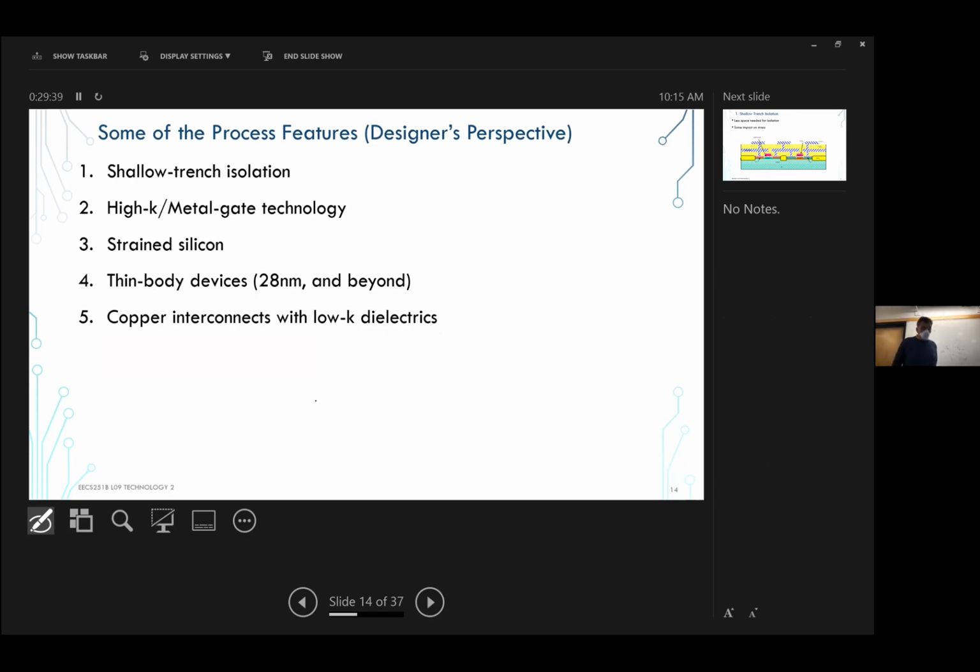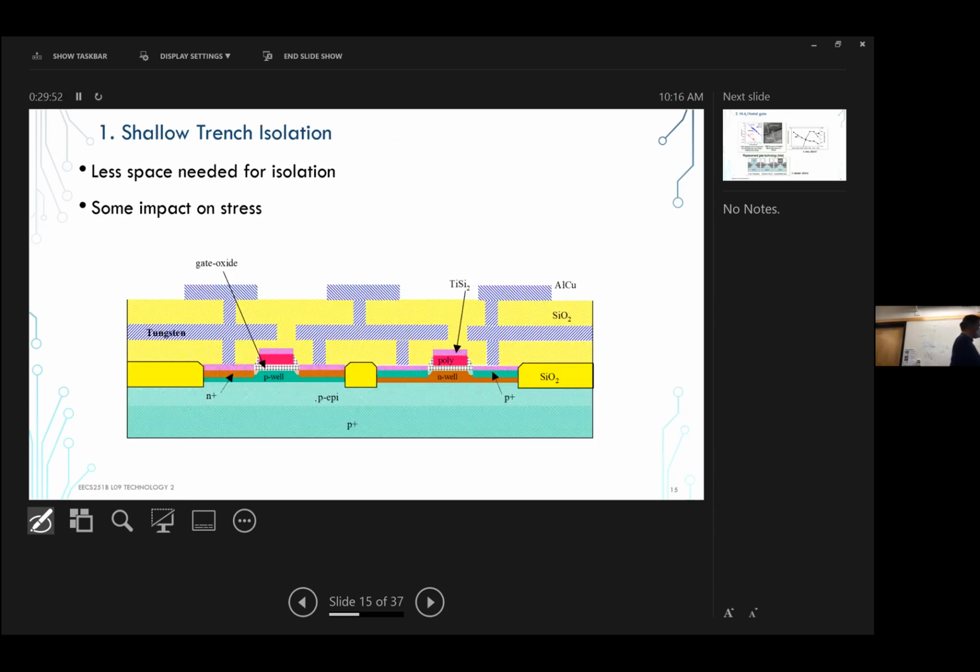So we'll start with shallow trench isolation, then we'll talk about the implications in the design of that, and high K metal gate, strained silicon, thin body devices, and copper interconnects. So this is the first thing that designers need to be aware of. In particular, if you're an analog designer, you need to know this. However, it affects digital designs as well.